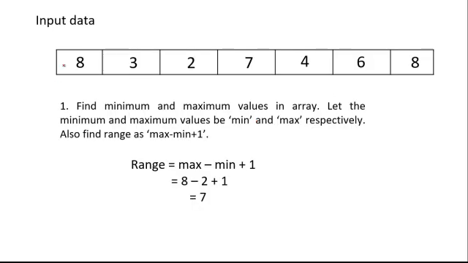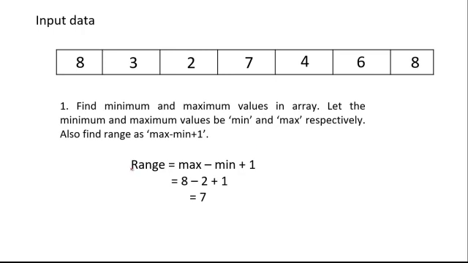So for example, we have here our input data, an array A: 3, 2, 7, 4, 6, 8. Our first step is to find the range of this array. To find the range, find the maximum and the minimum element in this array.